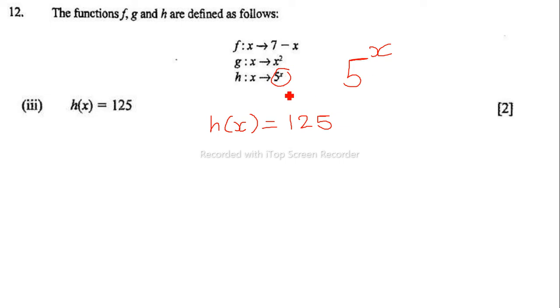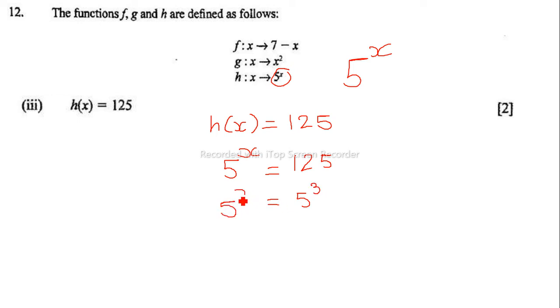So H of x is going to be 5 to the power of x. This equals 125. But we know what 125 is though. Isn't 125 5 to the third power? Yes, sir. And so we have 5 to the x.